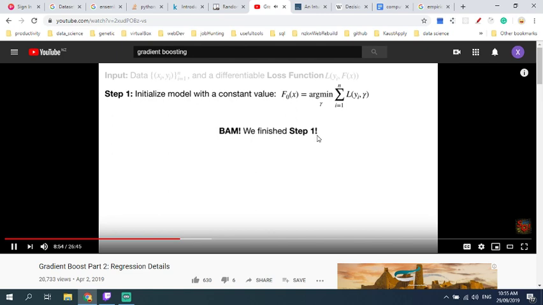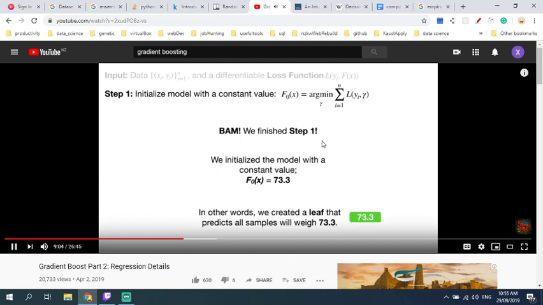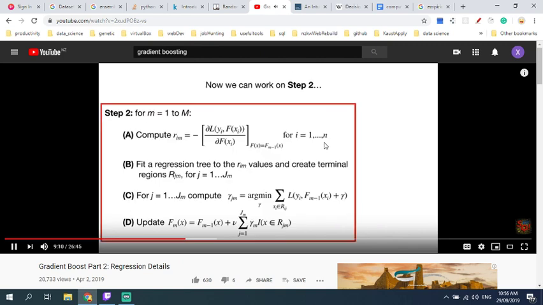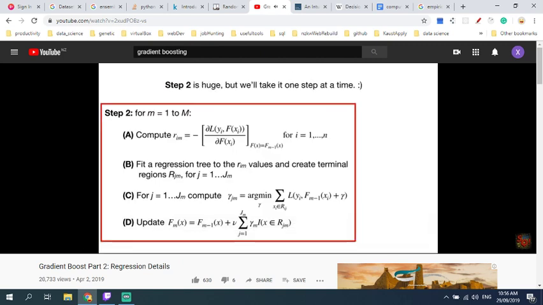We finished step 1. We initialize the model with a constant value. F sub 0 of x equals 73.3. In other words, we created a leaf that predicts all samples will weigh 73.3. Now we can work on step 2. Step 2 is huge, but we'll take it one step at a time.